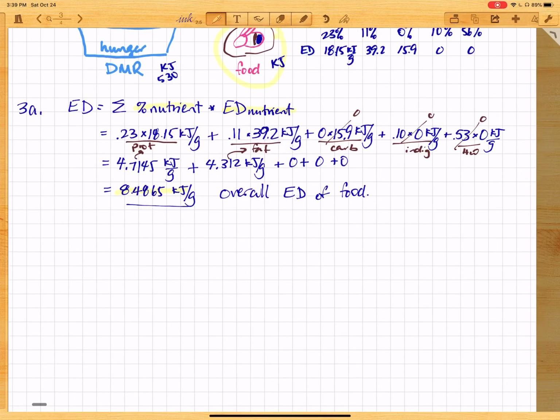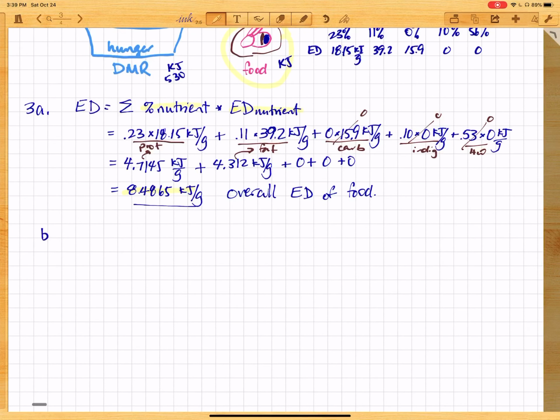So the mass of food is just going to be how big is your bucket, the DMR, divided by the energy density of the food, right? How much you need divided by the value.